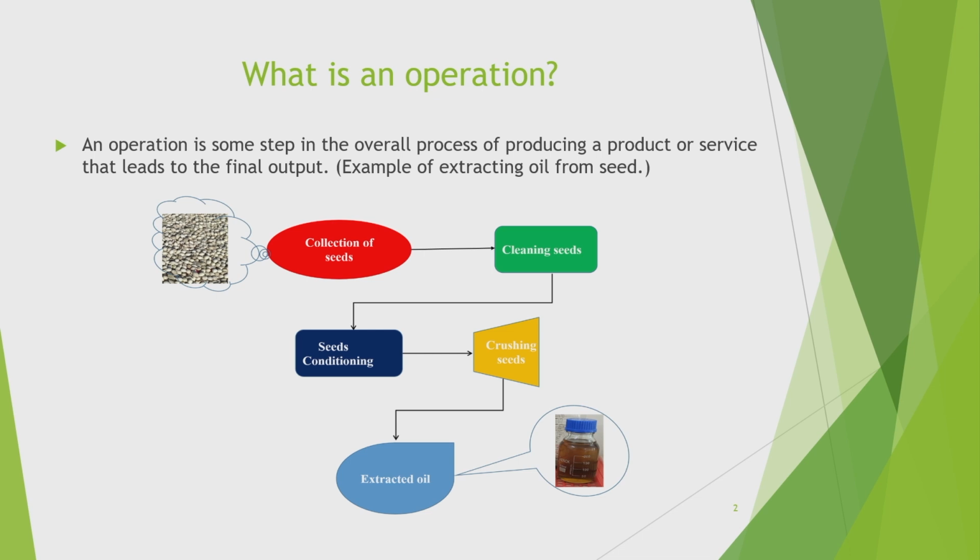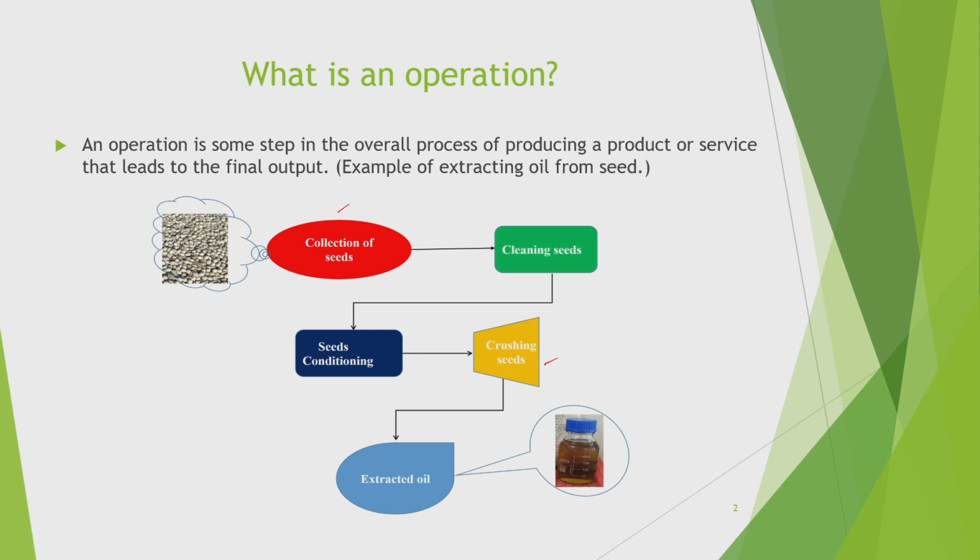There are many operations, many activities you can say: collecting the seeds, then cleaning those seeds, then conditioning those seeds, then crushing the seed. Crushing can be one operation, one operator will be there who will just crush this, and then we make the extraction of the oil. The collection of seeds is one operation, somebody else is doing it, and crushing of the seed is another operation.